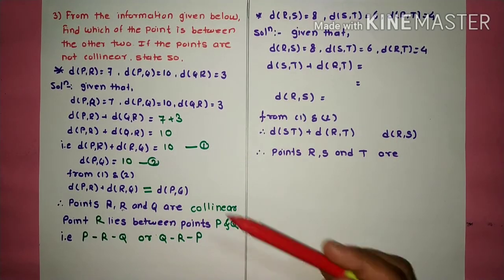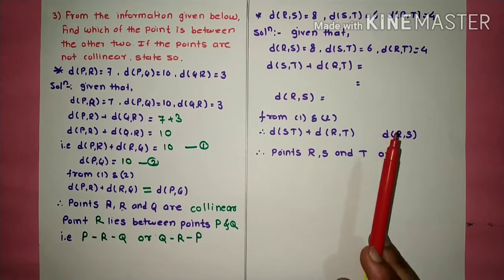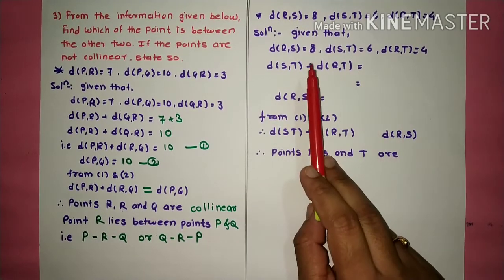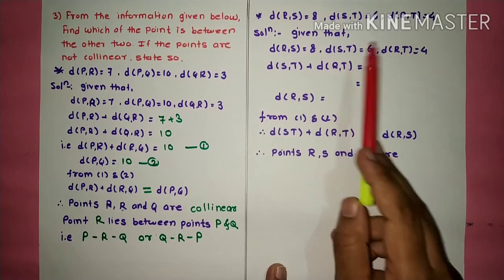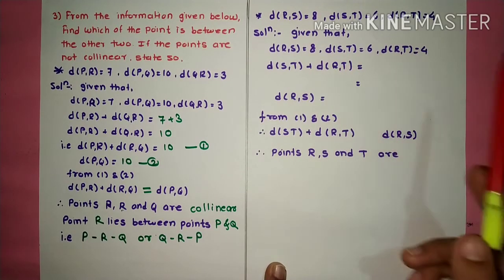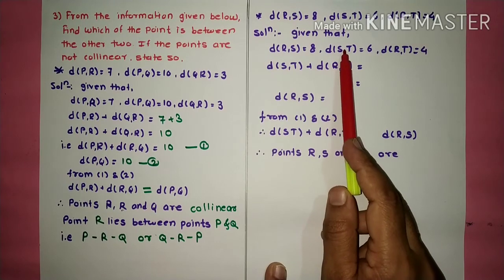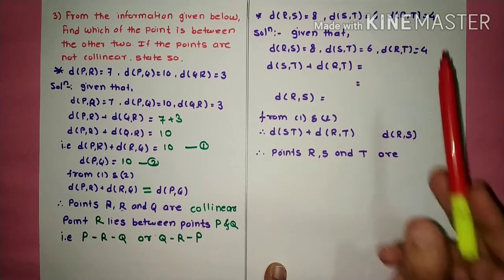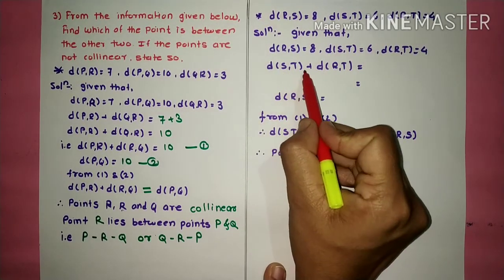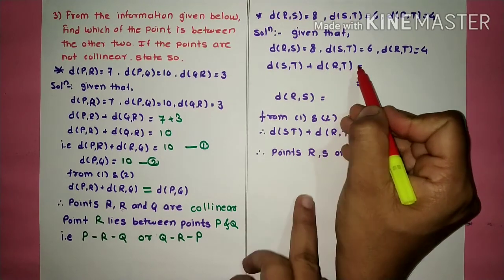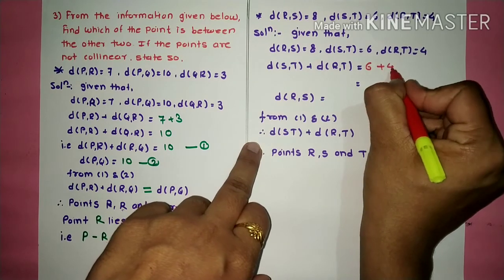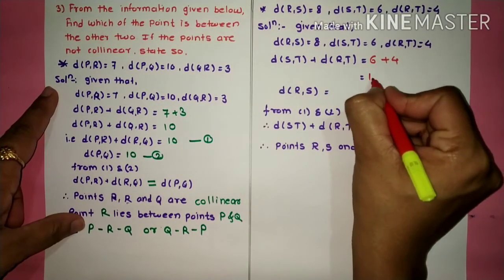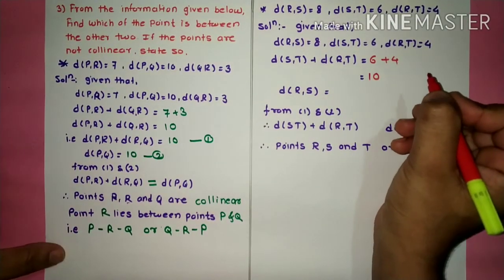In a similar way, we first identify the smaller segments. Here smaller segments are segment ST and segment RT. So first we add these two smaller segments. Therefore distance ST plus distance RT equal to 6 plus 4 equal to 10.